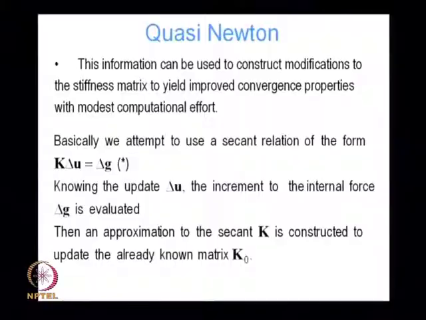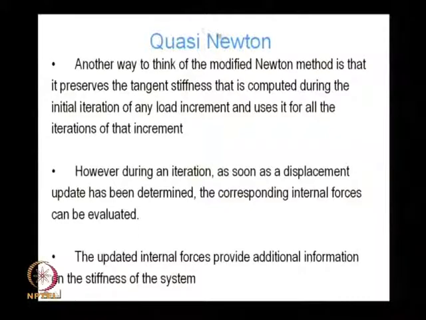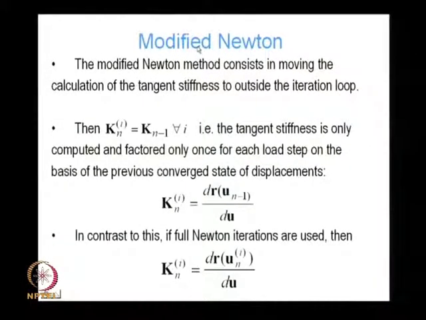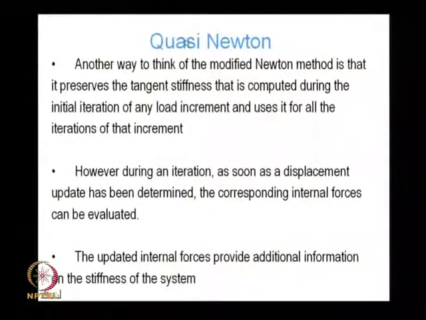Well, that becomes the basis of what is known as the quasi-Newton method, right. Up till now we were looking at modified Newton, now we are thinking of quasi-Newton. Modified Newton just uses the old tangent and continues it for all the iterations within an increment.